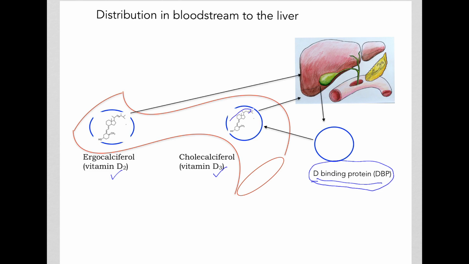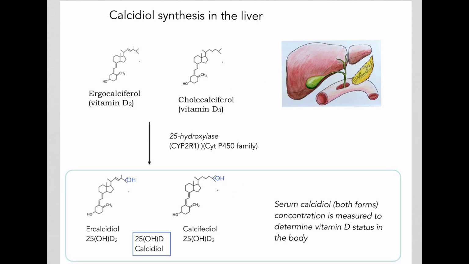So these biomolecules D3 and D2 you can see associated with D binding protein, and that's how they travel in the bloodstream.